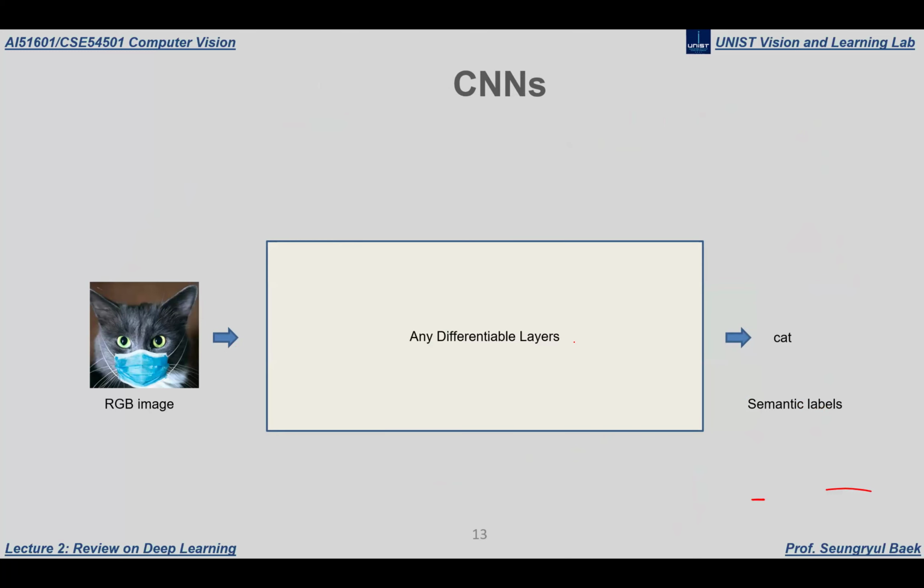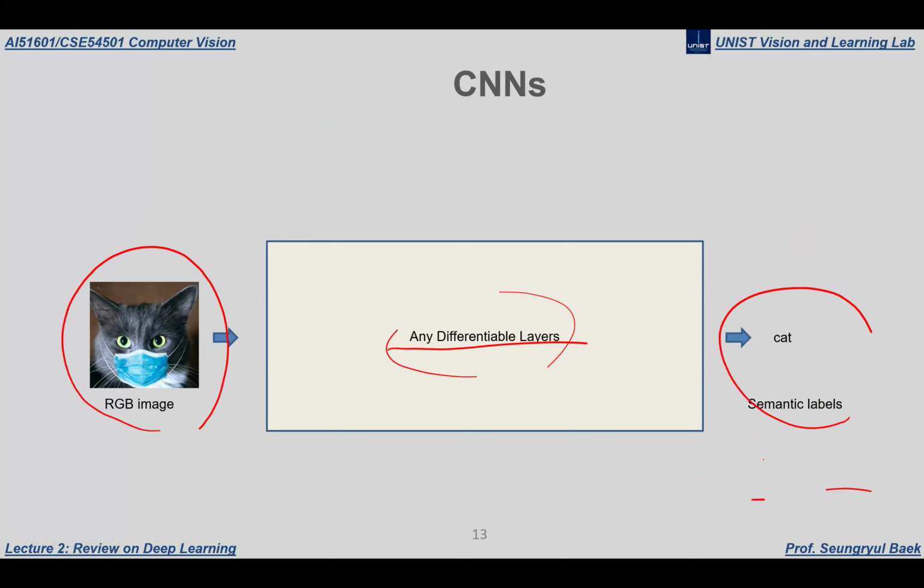So in CNNs, any differentiable layers could be located here, right? From the RGB array, to map the RGB array to the one-dimensional probability vector that is describing the probability for each class, we can have some arbitrary operations which are differentiable, which can constitute any possible layers if those operations are differentiable.